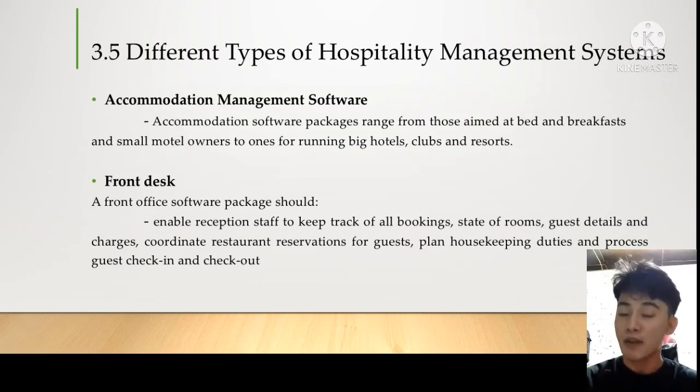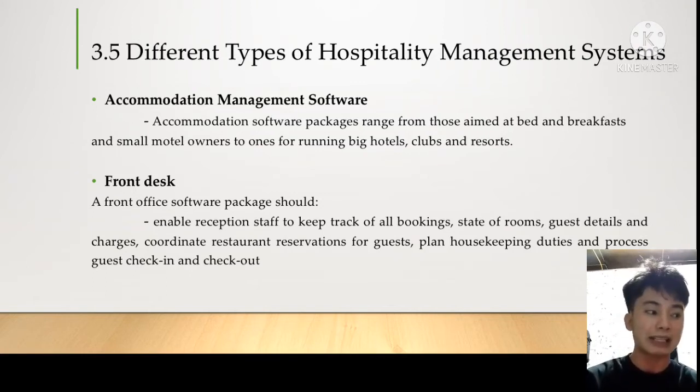It also provides a means of communication with all travel agents and activity operators linked to the system. So, of course, in front office, you should be able to track all the bookings and the state of the room, if it is dirty, or if it is ready to have a reservation, if that is feasible.